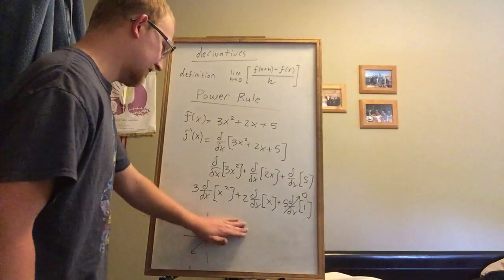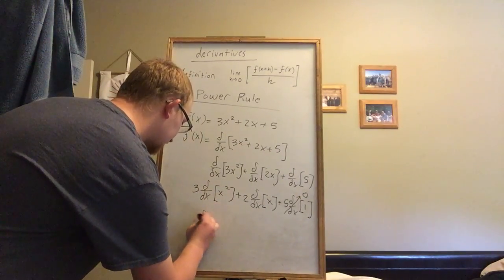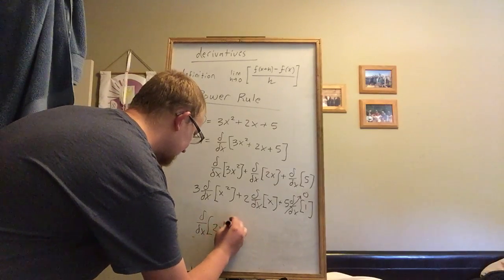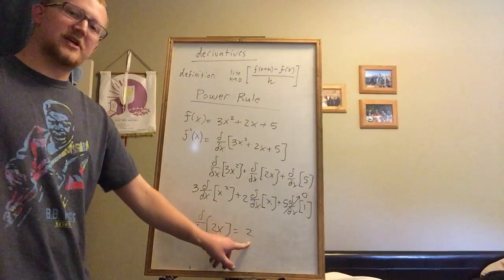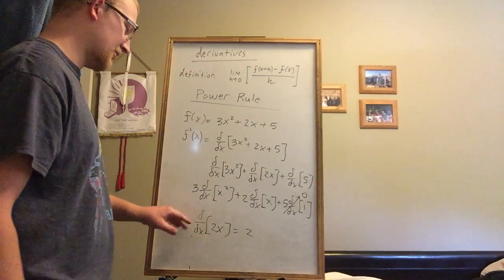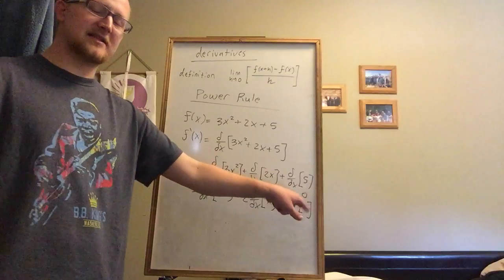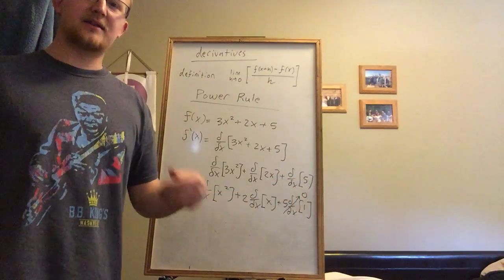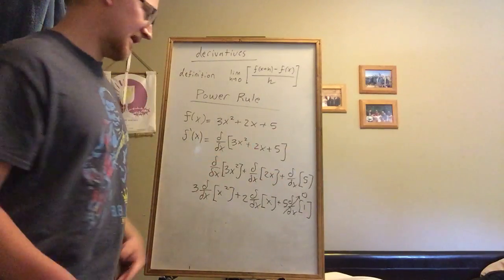So if we take the derivative with respect to x of, say, 2x, its slope is 2. So its rate of change is always 2. If you take the derivative of a constant, it's 0. If you take the derivative of, say, 2x, the derivative of that is 2. So the x goes away, the slope stays.